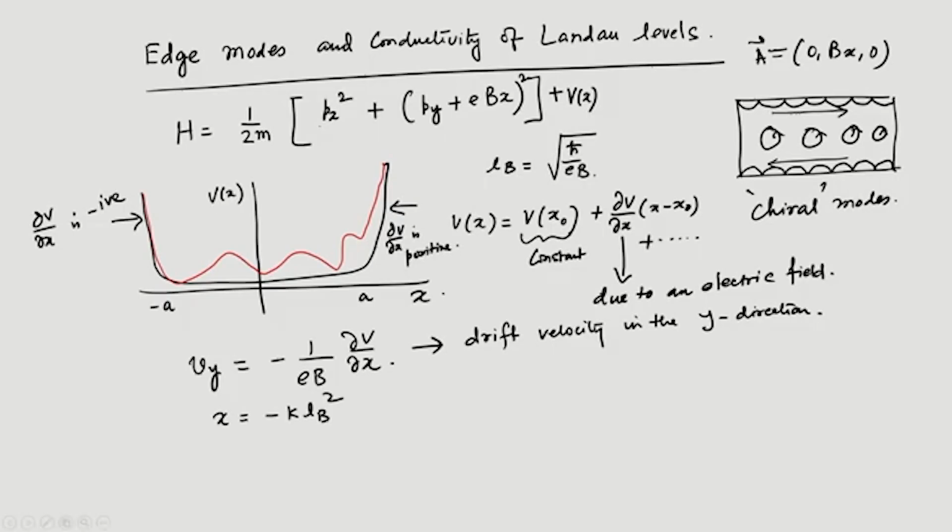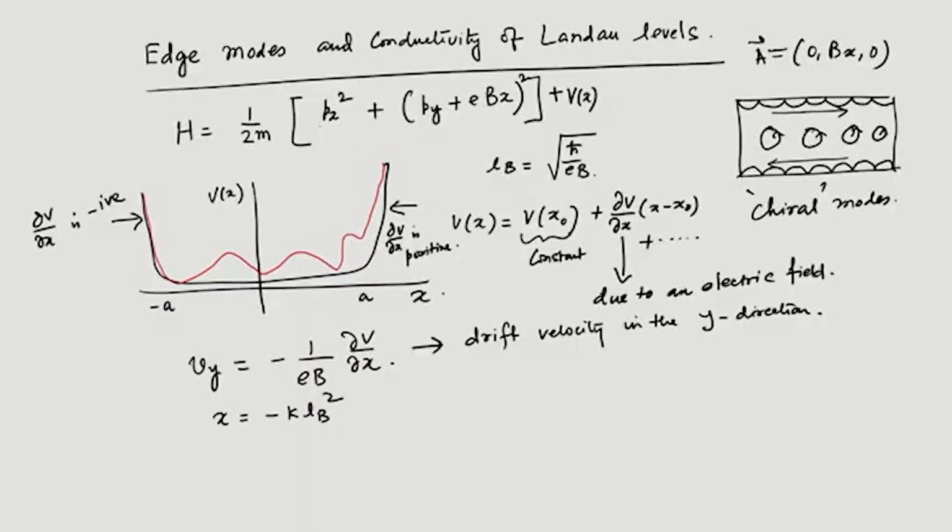This is why we said that the modes are chiral, because they have opposite velocities at the two edges. Remember, we just said that at the two edges they move in different directions, because the signs of the drift velocities in the y direction are different. Of course, now we are talking of this as the y direction. You just change your picture. You could draw this picture like this.